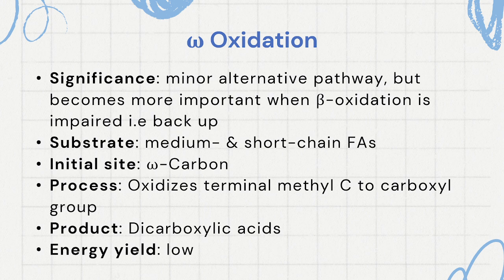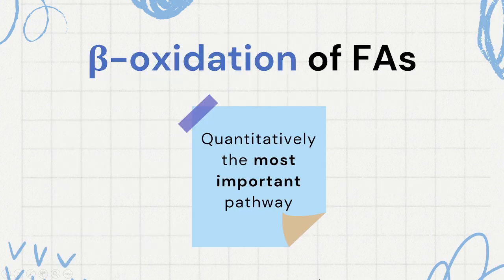So now the fatty acid will have 2 carboxyl groups: the initial one and another one that is introduced by omega oxidation. So the product will be a dicarboxylic acid, an acid that has 2 carboxyl groups. Likewise, the energy yield of omega oxidation is quite low, because its primary concern is not energy production.